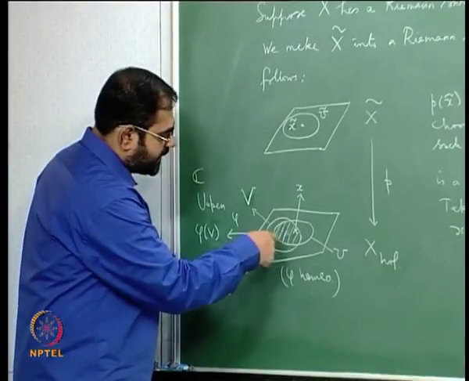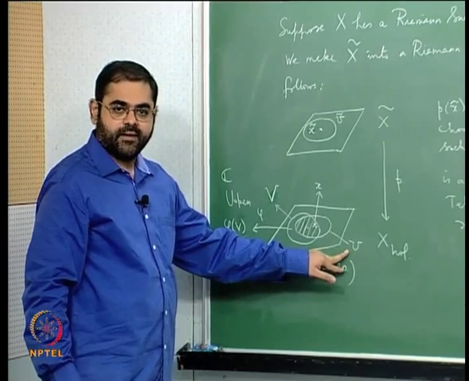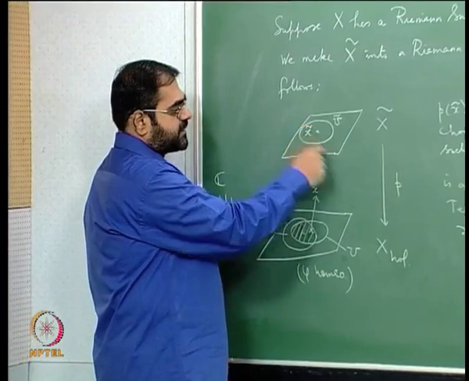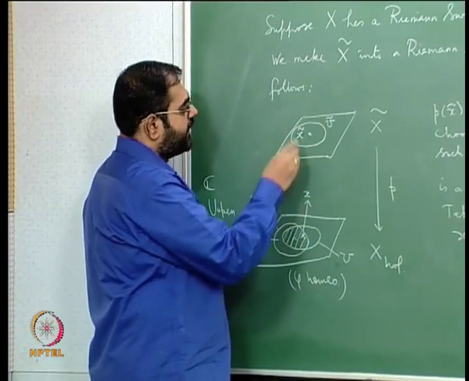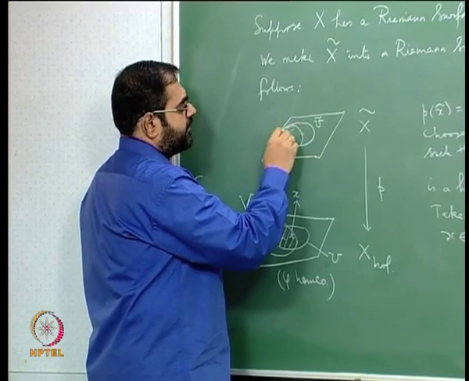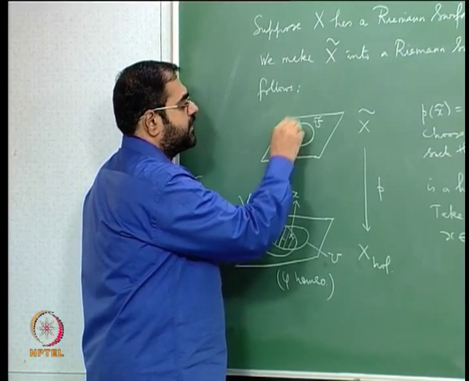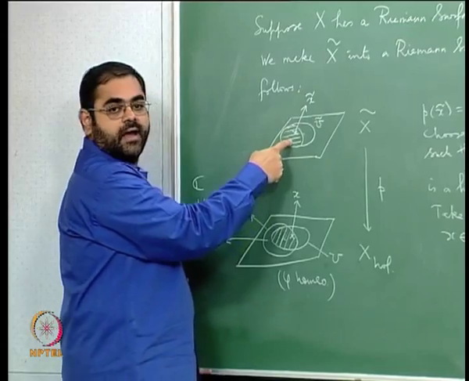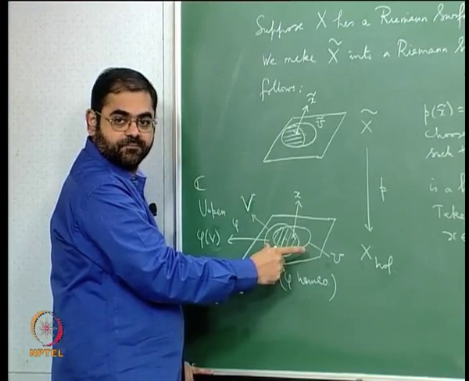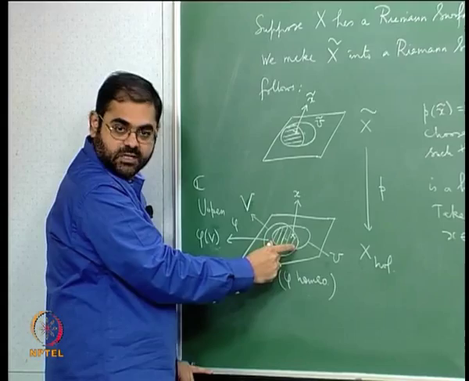This shaded region is V intersect U. If I take this V intersect U and take its inverse image under P restricted to U tilde, I am going to get again a shaded region here, and of course my point x tilde will be here. From U tilde to U it's a local homeomorphism, P restricted to U tilde, so restricted to this shaded portion it will also be a homeomorphism.